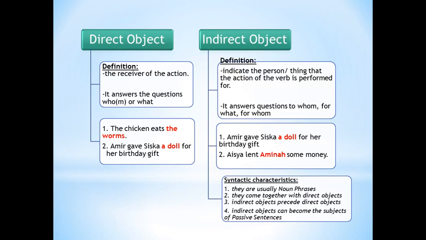Objek tidak langsung mendahului objek langsung. Tentu ini jika tidak menggunakan preposisi to. Dan keempat, indirect objects can become the subject of passive sentences. Objek tidak langsung bisa menjadi subjek pada kalimat pasif.